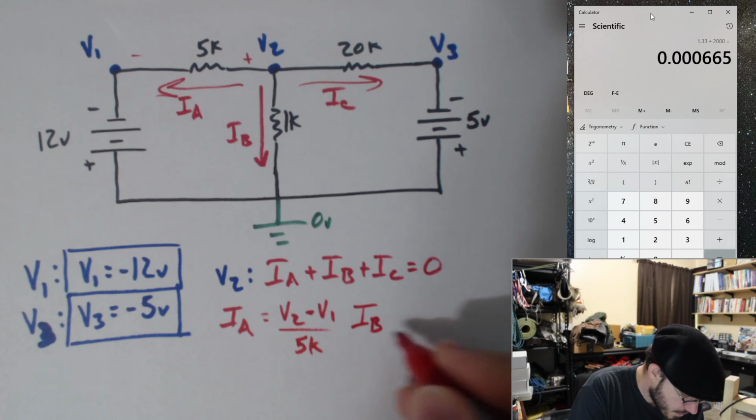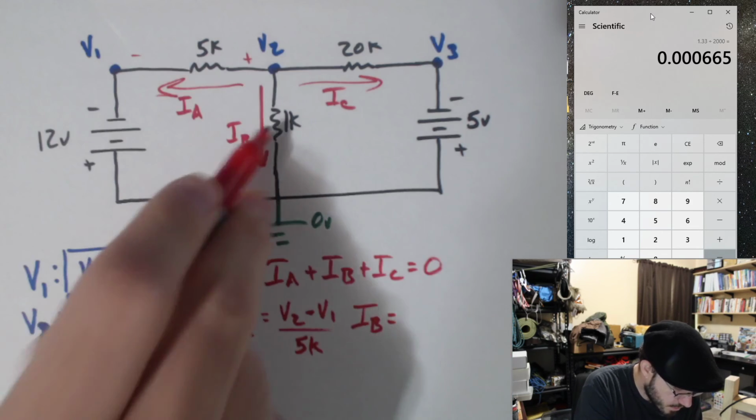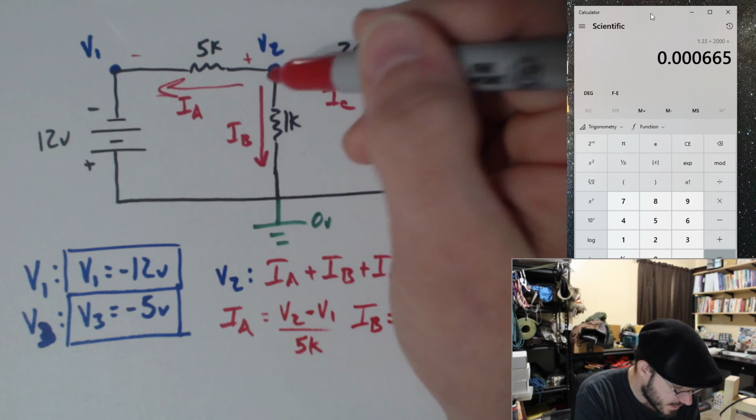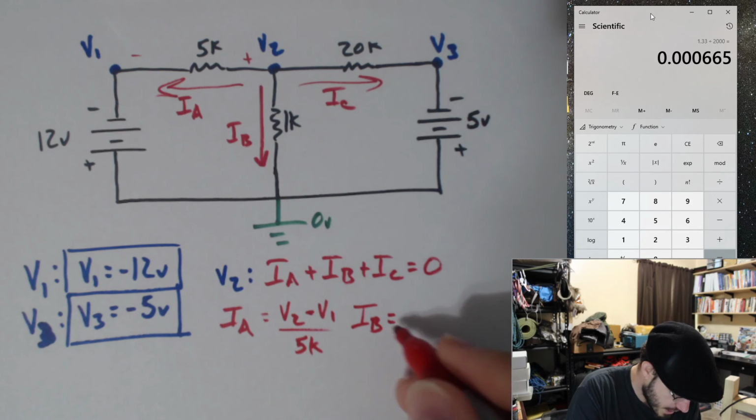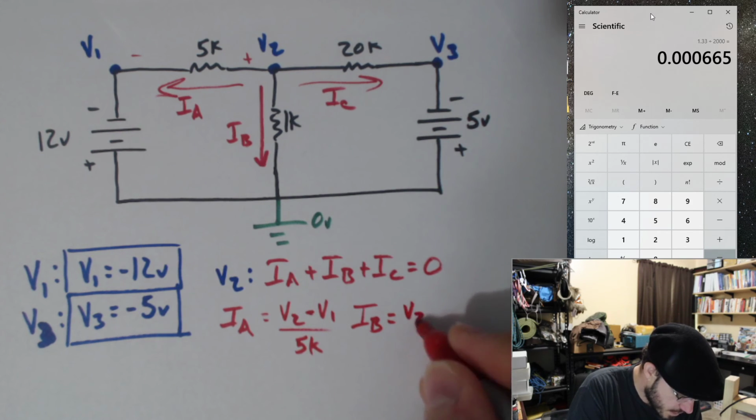IB is just going to simply be V2 divided by 1K because I drew my current as going from a higher voltage to a lower voltage. IB is going to be V2 divided by 1K.